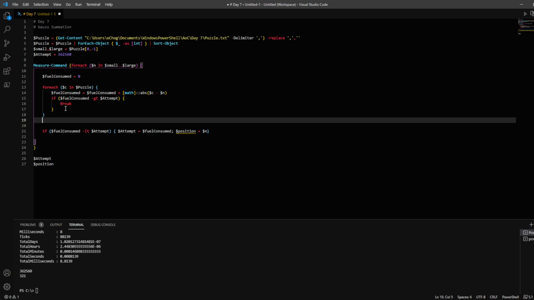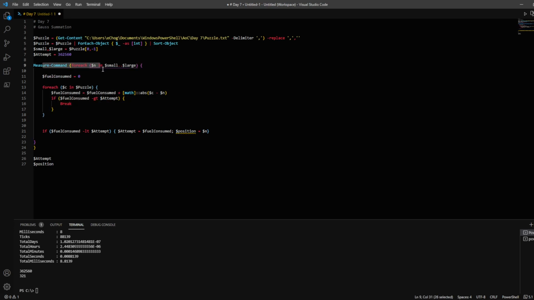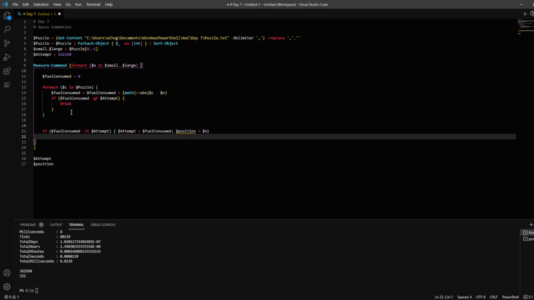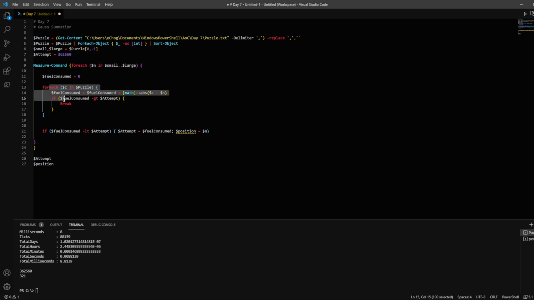This is the best spot for it because this is going to break out of this for each and then go right back into the next number in. I didn't mean to scare you. This is perfect. So every time we're in this loop, if we happen to go over this attempt with this fuel consumed, then get out of this for each and go into the next number for this one.